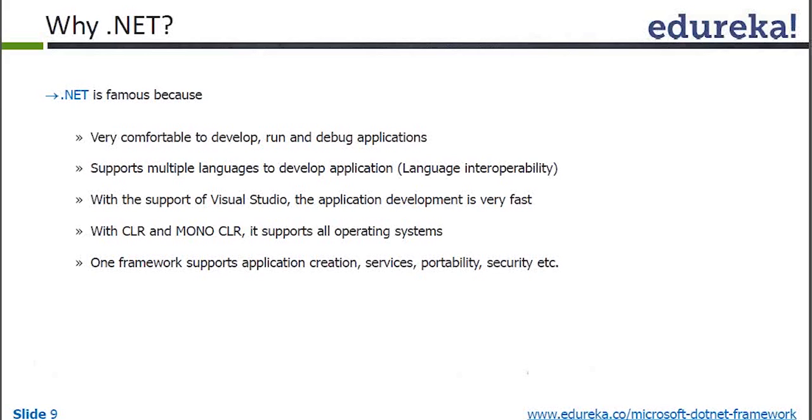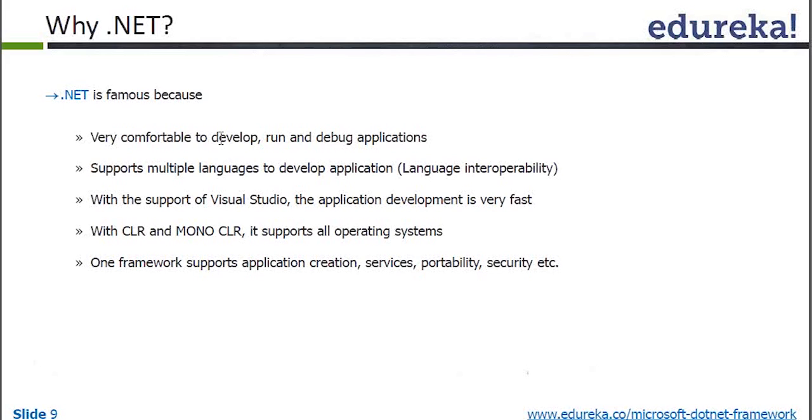What do I mean by comfortable? You can easily handle situations like developing and executing the application. And as I said, it has multiple language support, and very fast application development with Visual Studio.